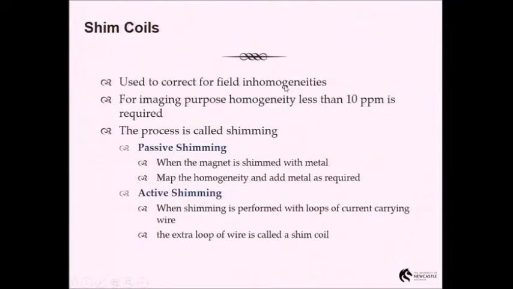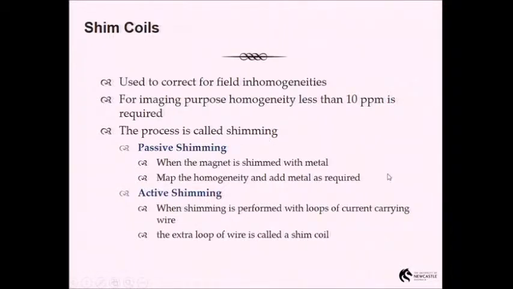I mentioned before about shim coils, so they're used to correct for magnetic field inhomogeneities. Basically the inhomogeneities that come from defects in the manufacturing process. And again, I've given you a number there where we want the homogeneity to be less than 10 parts per million. That's what ppm stands for, parts per million. And we can do this through a process called shimming.